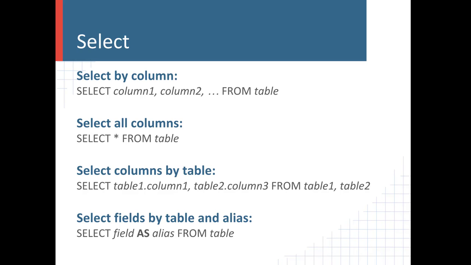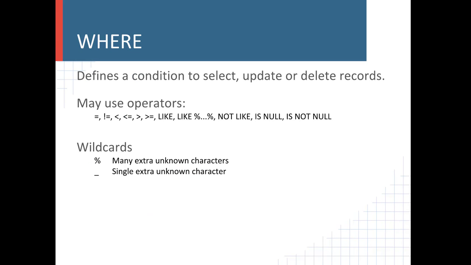So the where phrase, we already talked about the where phrase earlier, but it defines a condition to select, update, or delete records. We can compare values like equals or not equals, greater than, lesser than, like, is null, is not null, and so on and so forth.